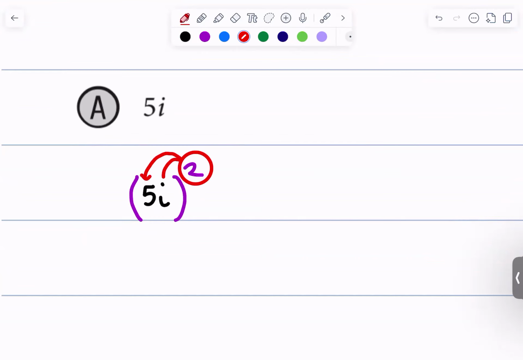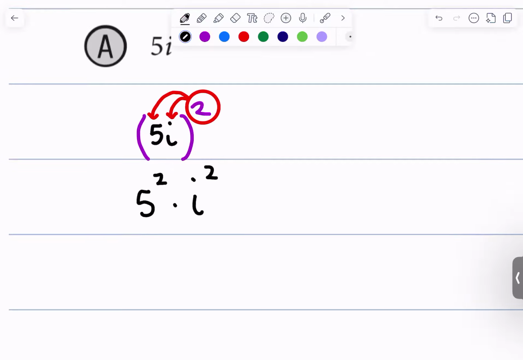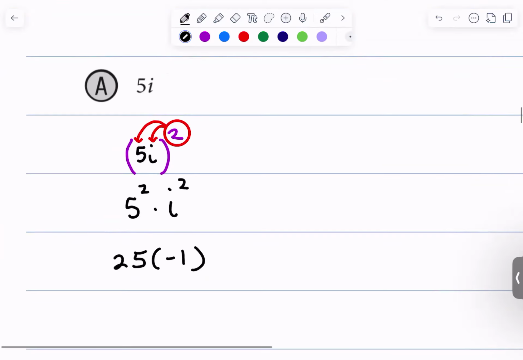So the 5 and the i. So this would be 5 squared times i squared, right? Now what is 5 squared? 25. What is i squared? Negative 1. So 25 times negative 1 equals negative 25.